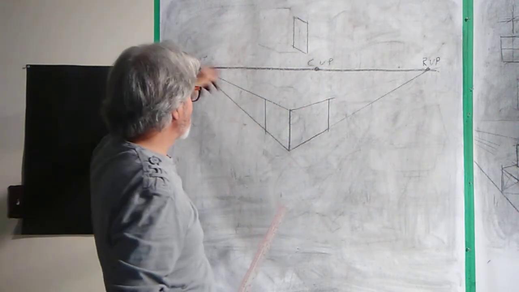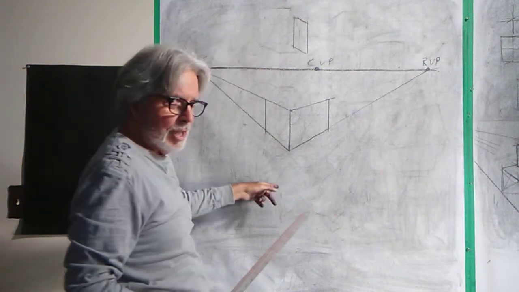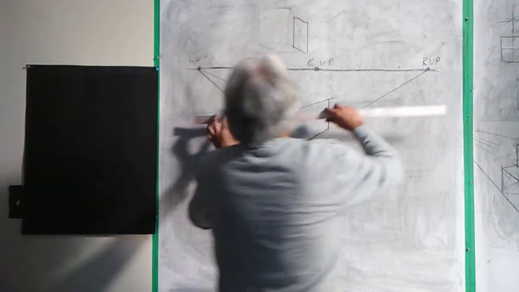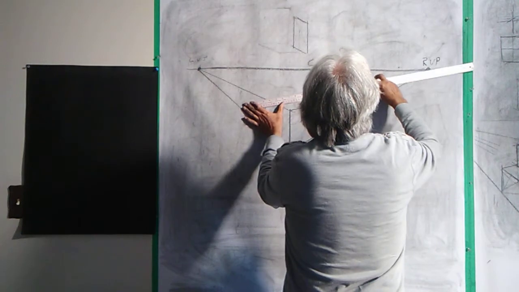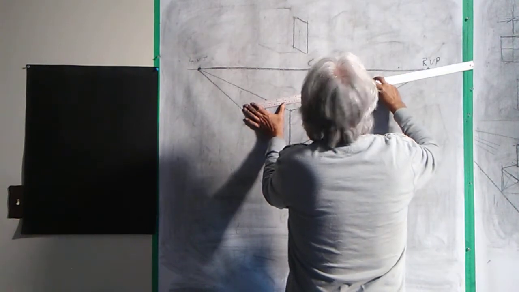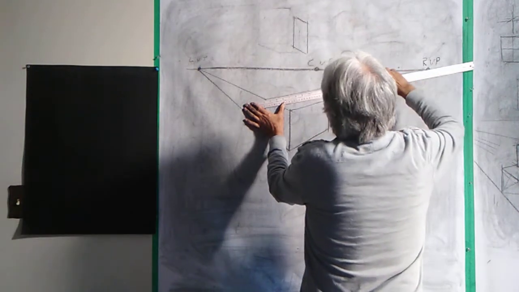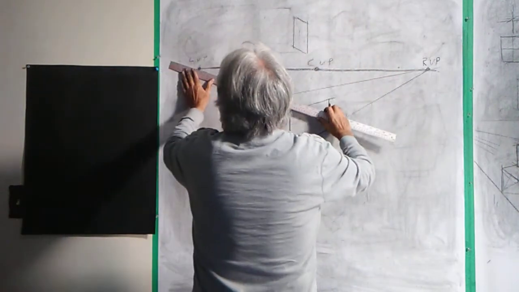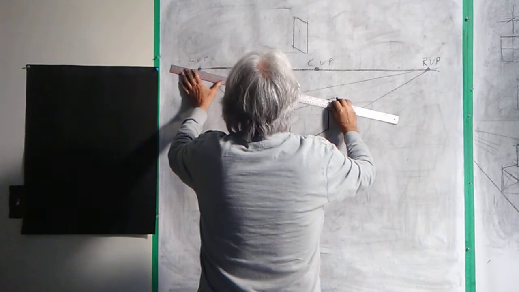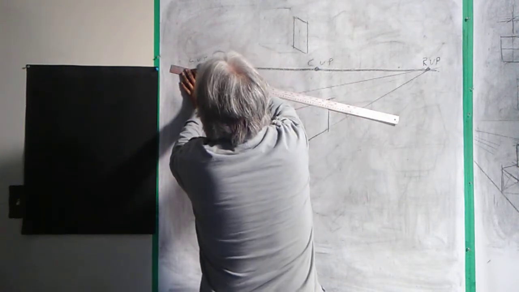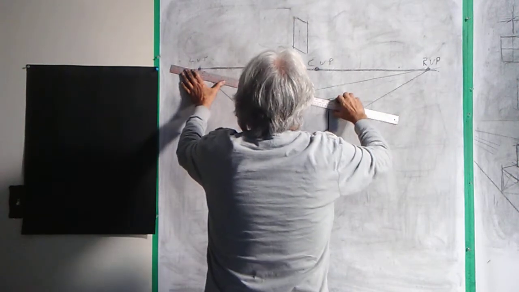Anything that's down goes up. Anything that's up goes down. That's the easiest way to think of it. So we're going to take this point and converge it to our right vanishing point. And we're going to take the one on the right and converge it to the left vanishing point. And so you'll end up with this situation.